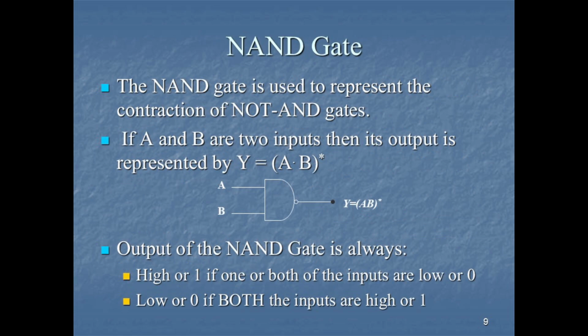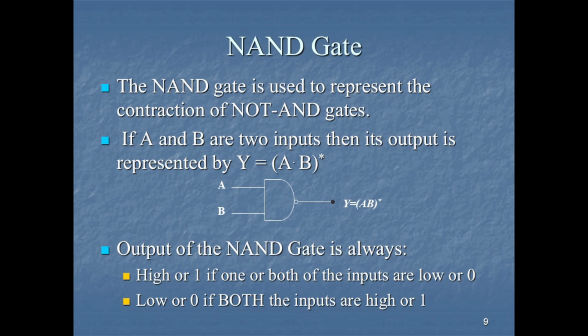Next we talk about the universal gates, NAND gate and NOR gate. NAND gate is used to represent NOT and AND. यानी whatever will be the output of the AND gate will be given into the NOT gate, then we will get the output of the NAND gate. So the NAND gate is represented by a bubble symbol. If A and B are inputs, then A dot B का bar, or inverted after the multiplication, will give the output of the NAND gate.